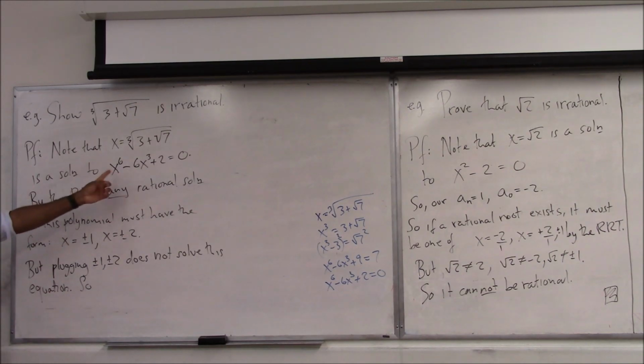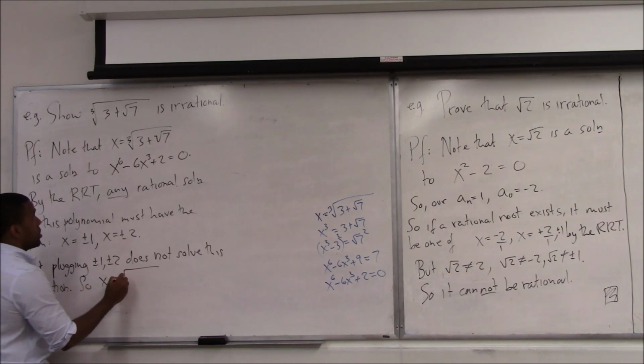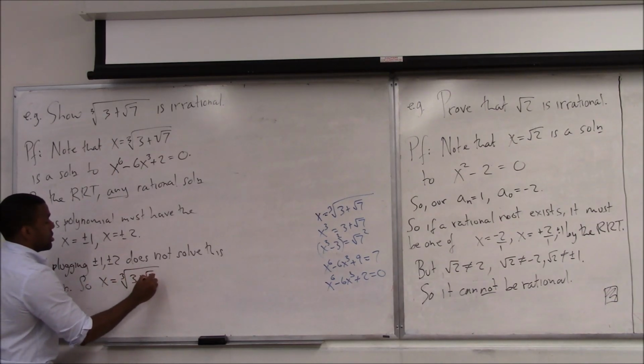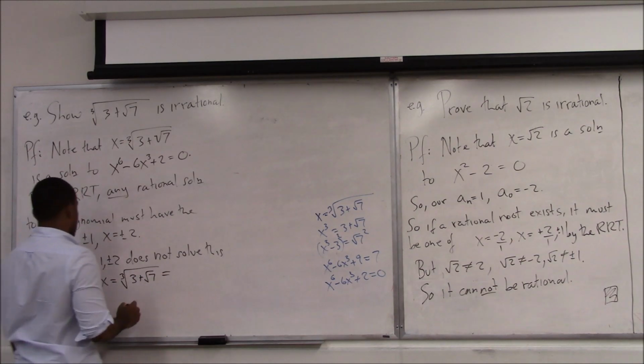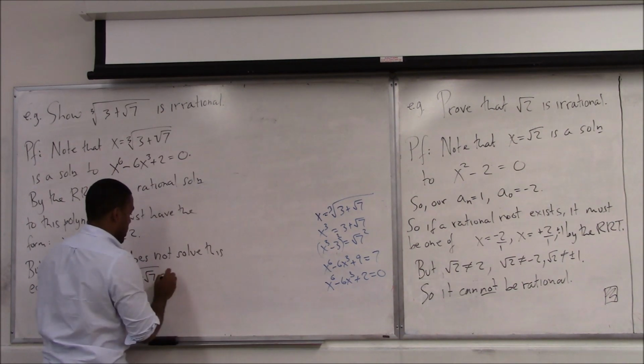Right, because if you plug in 1, you'll see that you won't get 0. If you plug in minus 1, you won't get 0, etc., etc. So this guy cannot be one of those. And hence cannot be rational.